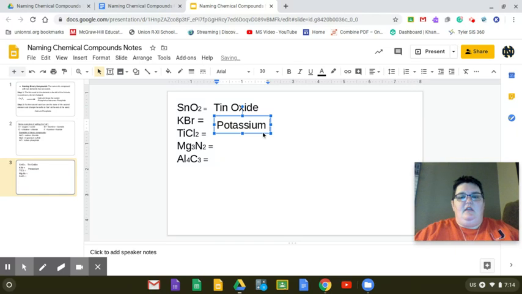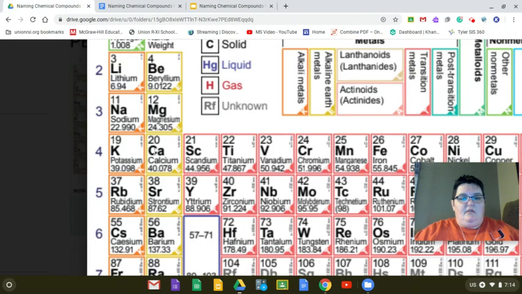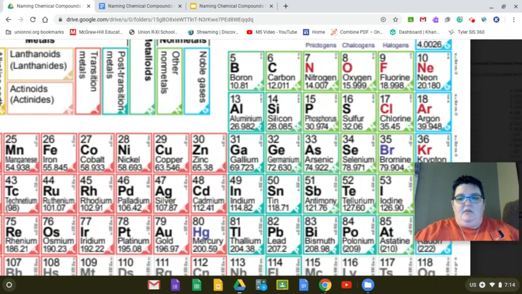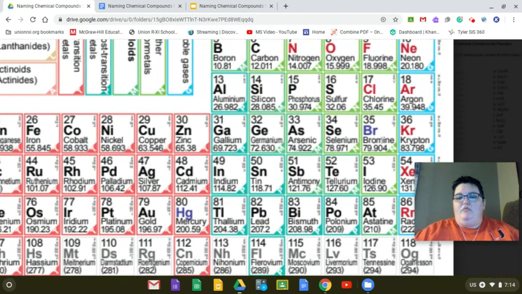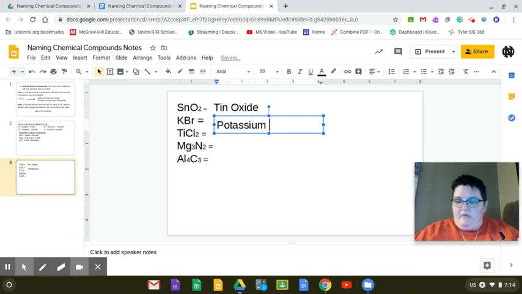All right, then. Br is our second symbol here. So we look at our periodic table, and Br is right here for bromine, number 35. All right, so bromine, you can look back or you can just go off of what we've already done.